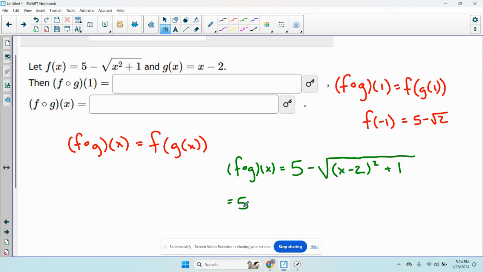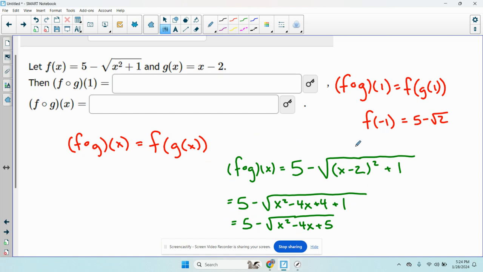This is 5 minus the square root of x squared minus 4x plus 4 plus 1. This is 5 minus the square root of x squared minus 4x plus 5. Plug 1 in there, you get 1 minus 4 plus 5, you get 2. So this is going to go in the second box, and this is going to go in the first box.